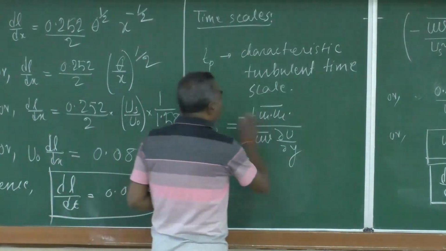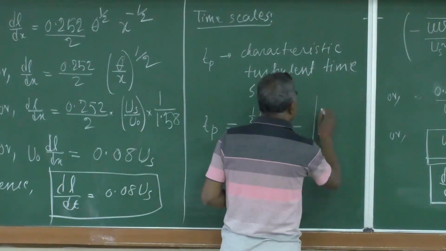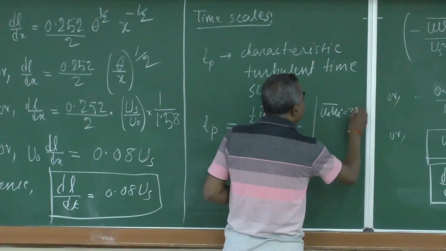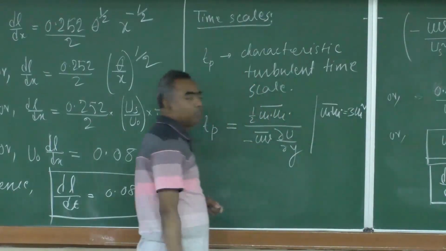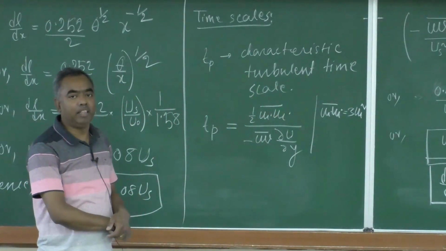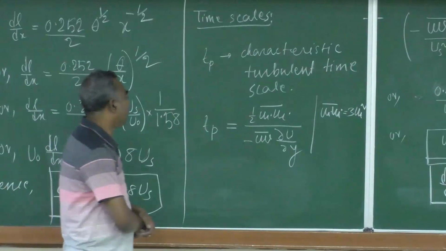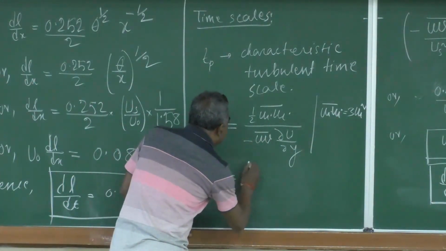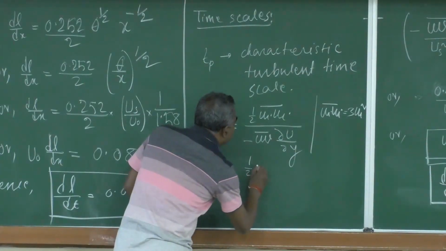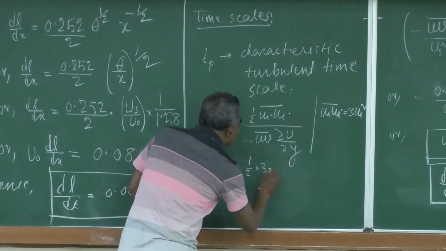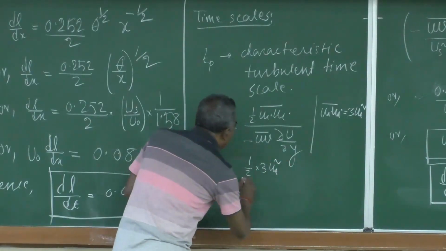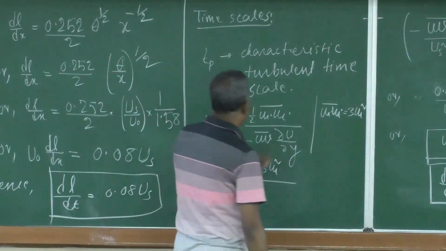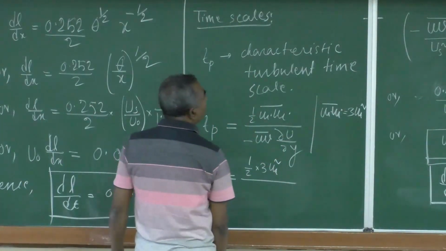Now, you see ui and ui is nothing but 3 ut square as per the definition, because ut square equals 1/3 of ui into ui, right. So, that means this is equal to half 3 ut square, and this particular value we have to replace with the value we have got earlier.